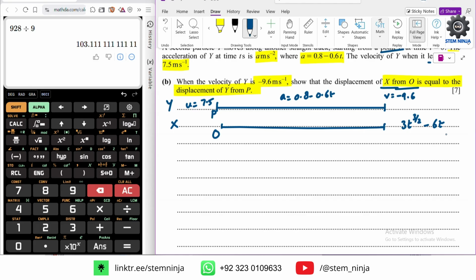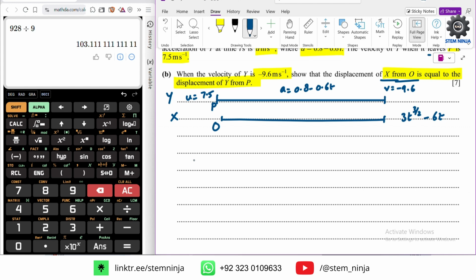Okay, so basically we need to figure out at what time this happens, right? So first off, we need to integrate acceleration. So this would be 0.8t minus 0.6t squared over 2 plus c.